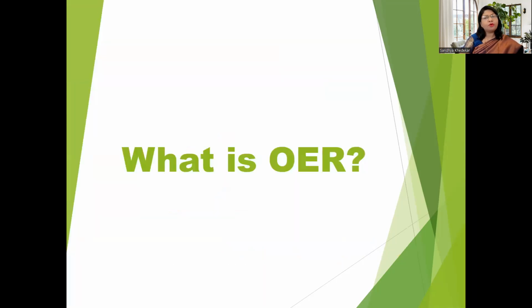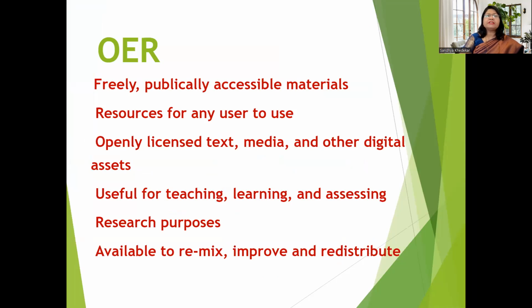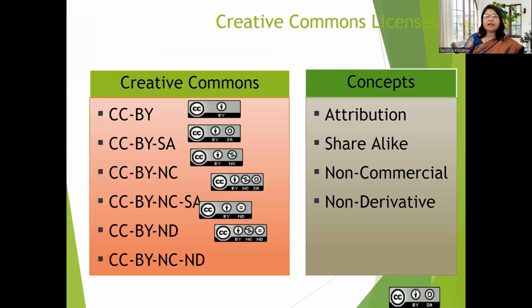I think you might know what OER is. It is freely, publicly accessible material or resources for any user to use. Openly licensed text, media, and other digital assets useful for teaching, learning, assessing, and research purposes, available to remix, improve, and redistribute. You might also know about Creative Commons licenses, such as CC BY or CC BY SA.